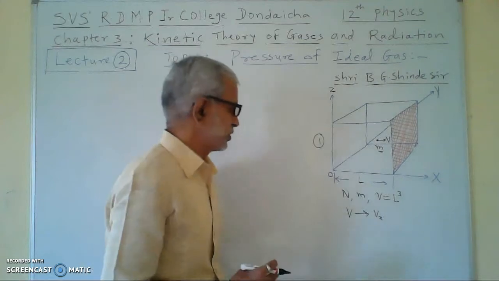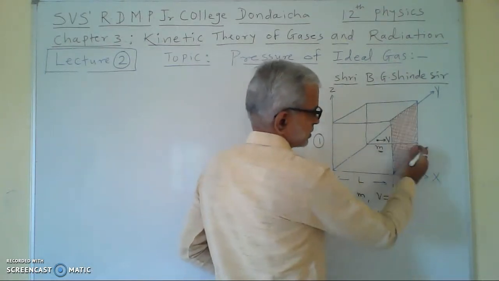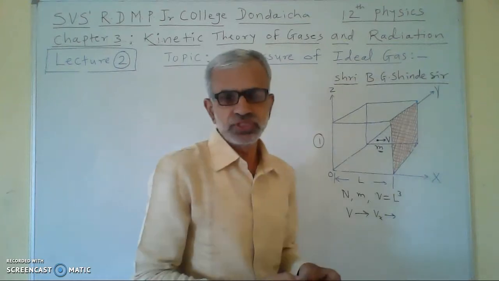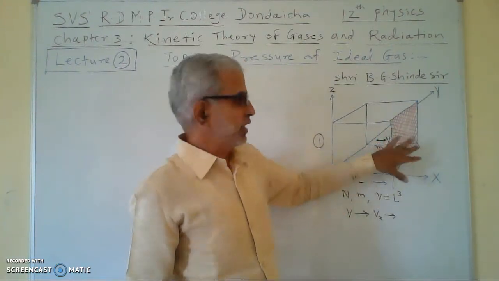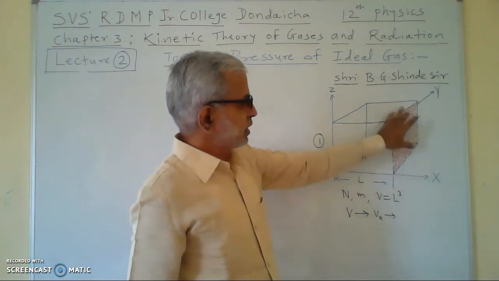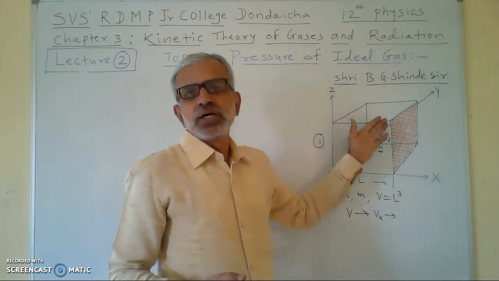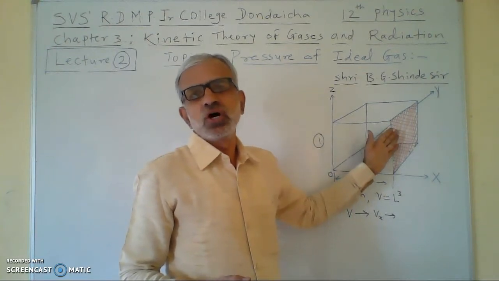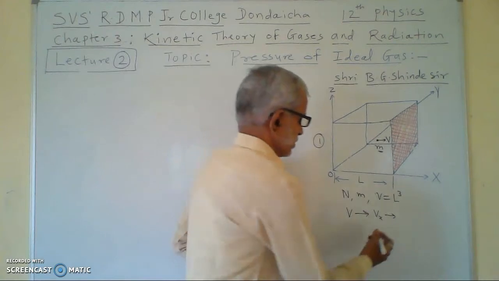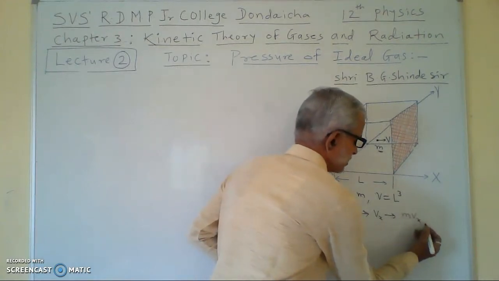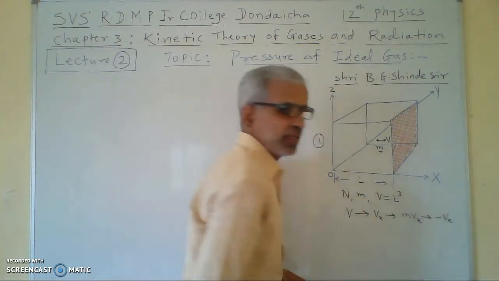This is the first molecule. Then this molecule collides with this shaded side of the cube. There are 6 sides, and we have considered this shaded side parallel to the yz plane, and this molecule will collide on this surface. Before collision its momentum will be m into vx, and after collision its velocity will be minus vx.